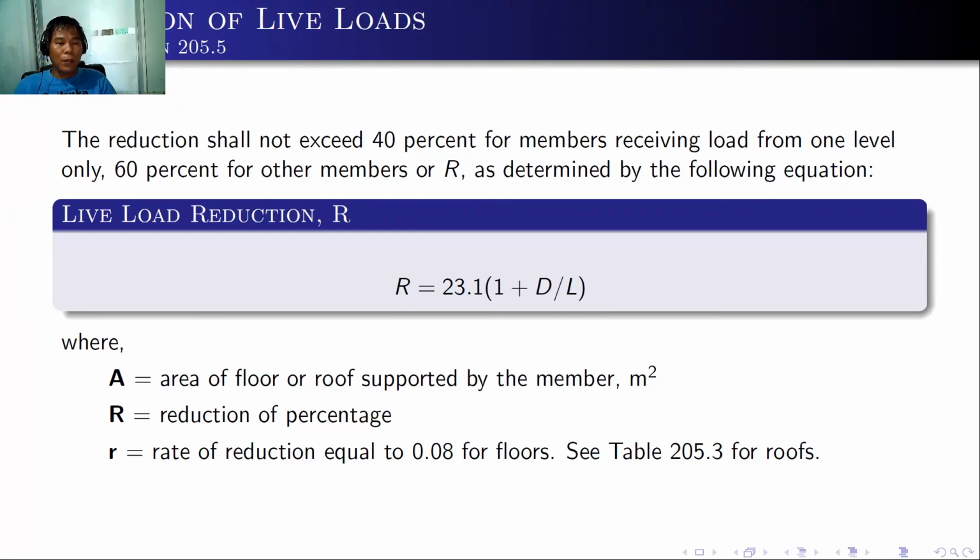The live load reduction capital R is equal to 23.1 times (1 plus dead load over live load). Take note that A is the area of floor or roof supported by the member, capital R is the reduction in percentage, and small r is the rate of reduction equal to 0.8 for floors; for others, you can see Table 205-3, the table that we have shown earlier for roofs.